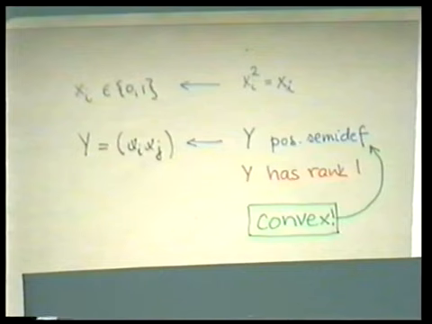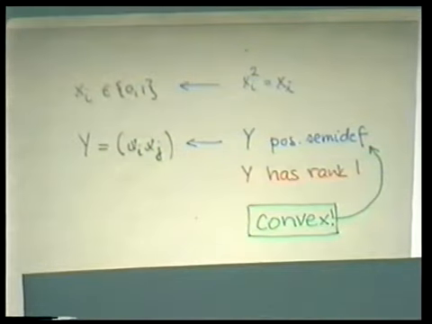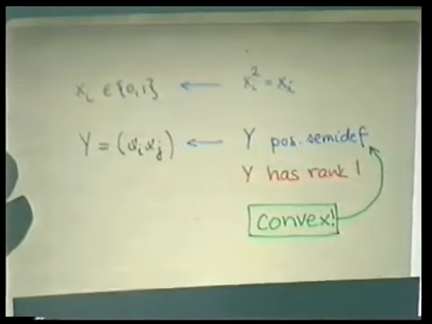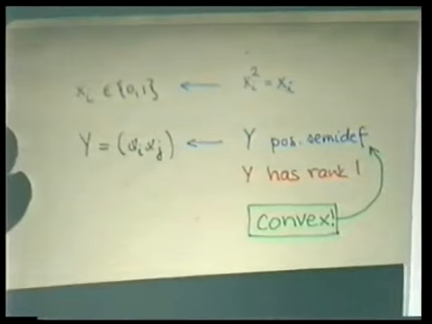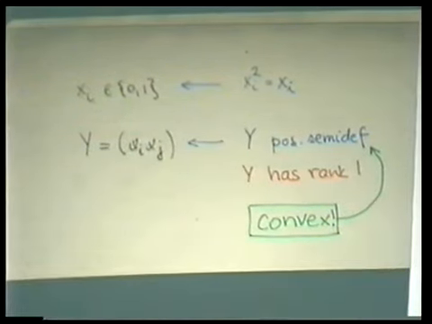And rank 1 is nasty. So we forget about rank 1, and we just keep positive semi-definiteness. And this way we get a relaxation of the problem. It's not exactly the same problem, but it turns out that if you solve it, then quite often you get the right value, the right solution, or a good approximation of the right solution, and so on. There are several nice examples, but I won't be able to go through them.